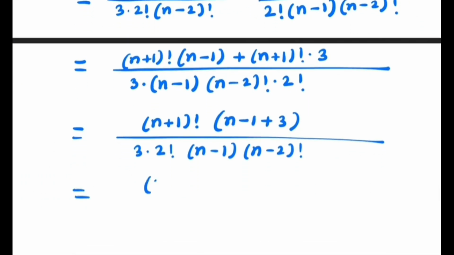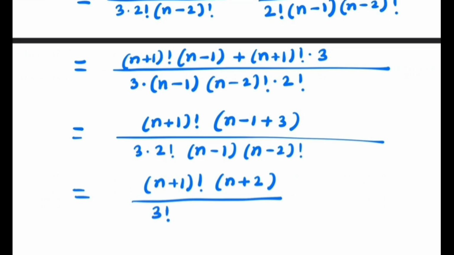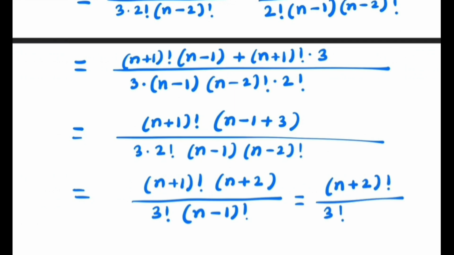So we have n plus 1 factorial into n plus 2, and we have 3 into 2 factorial is 3 factorial, n minus 1 into n minus 2 factorial is n minus 1 factorial.